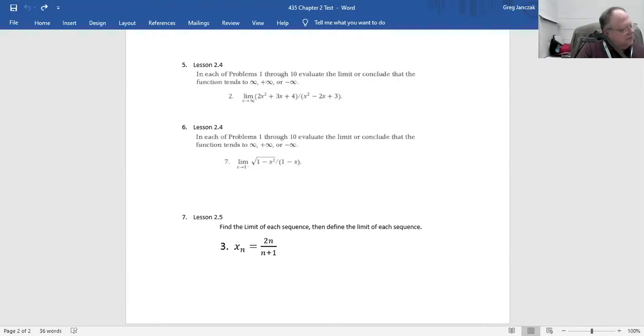Okay, so find the limit of each sequence, then define the limit of each sequence. So for this one, get a fresh sheet here. And we're back to here.